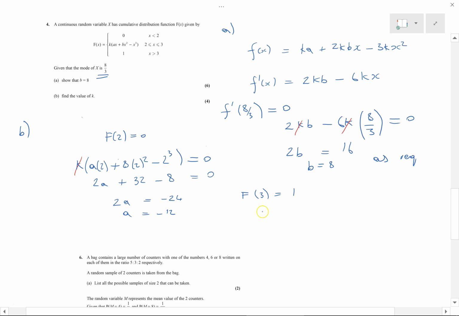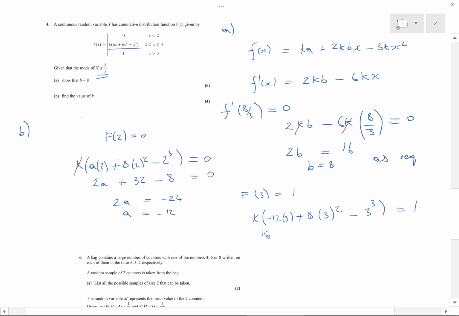So I can say that k times a, which is minus 12, times 3, plus b, which is 8, times 3 squared, just put it into here, minus 3 cubed equals 1.